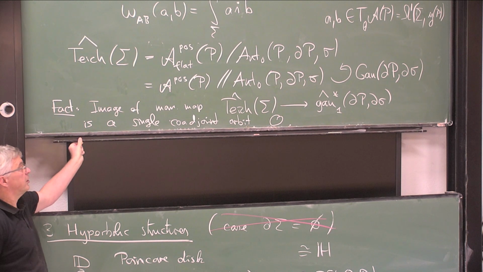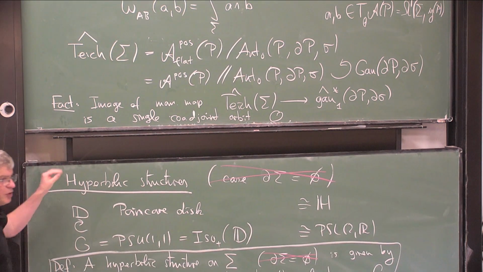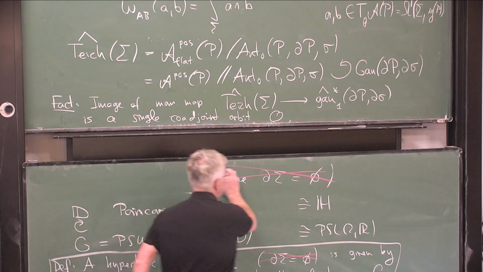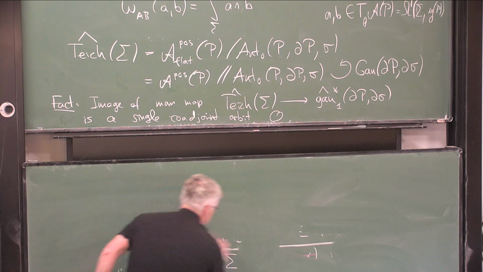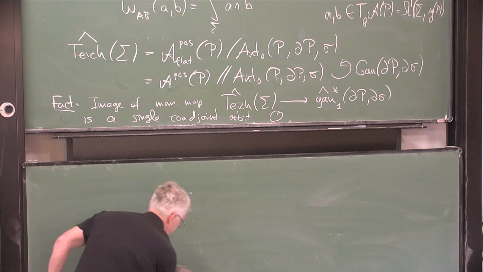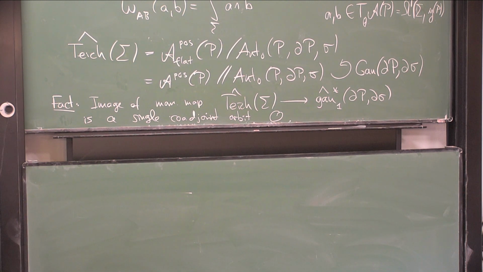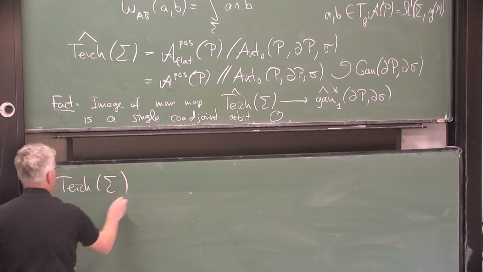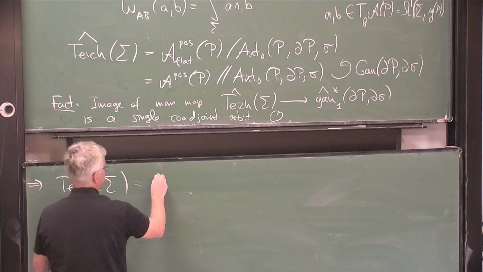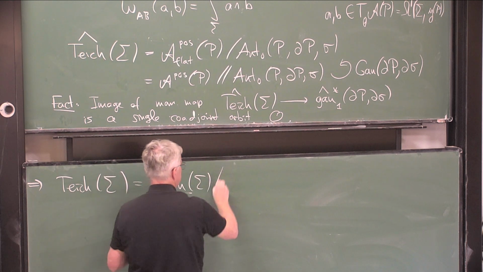And because of that, with some background in symplectic geometry, you immediately know how to deal with it. Namely, the space that we are after, that's of course Teichmueller space. This infinite dimensional Teichmueller space is the quotient of Teich hat by this residual action.